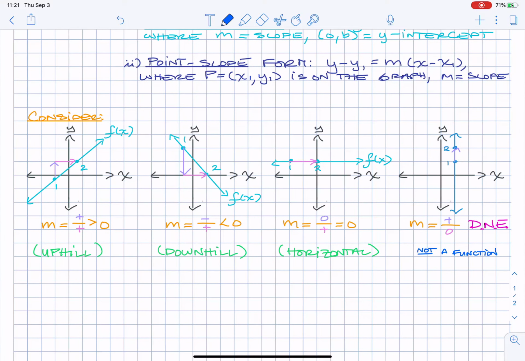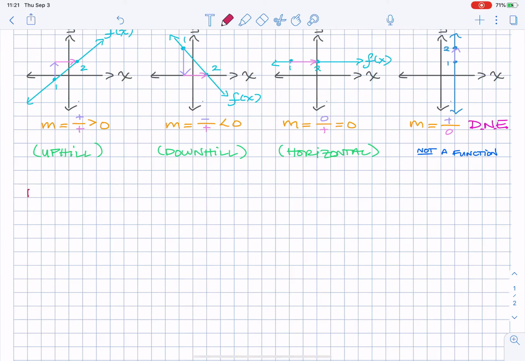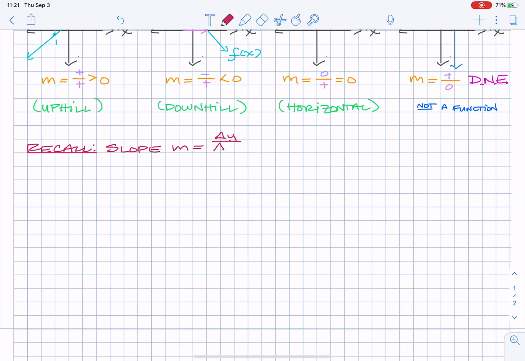Okay, so let's recall that the slope we know is going to be the change in y over the change in x. And we call that, actually let me color code it.